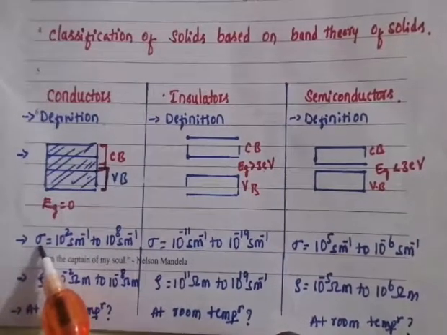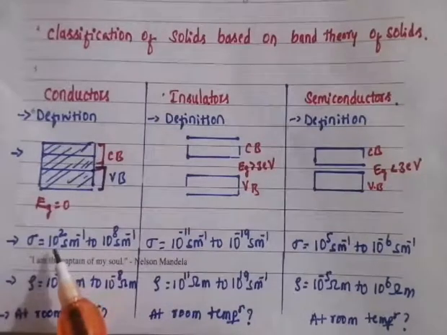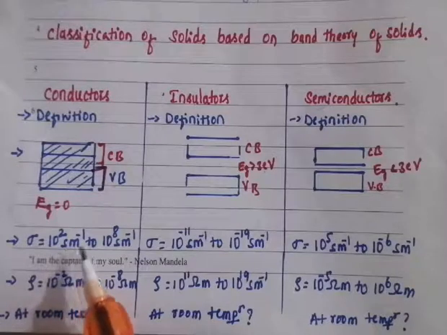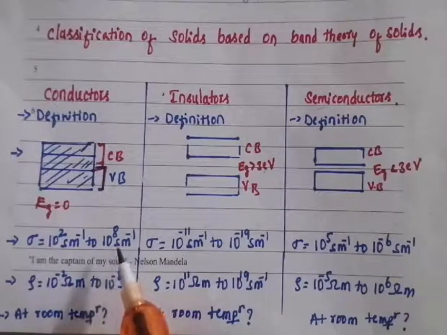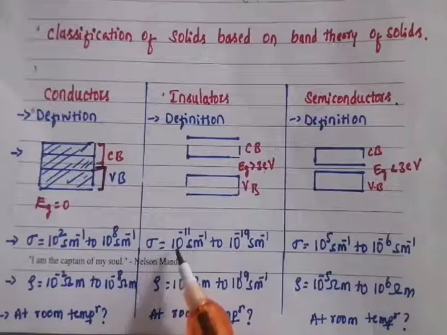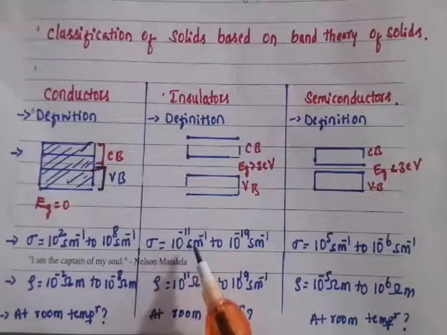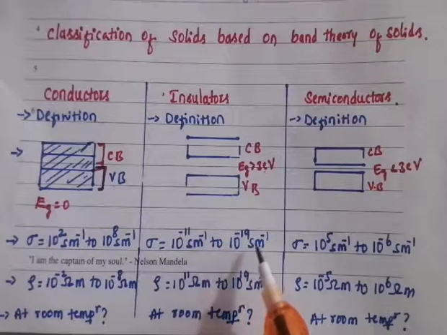So this sigma represents conductivity. High conductivity is about 10 power 2 Siemens per meter to 10 power 8 Siemens per meter. Insulators having less conductivity, about 10 power minus 11 Siemens per meter to 10 power minus 19 Siemens per meter.